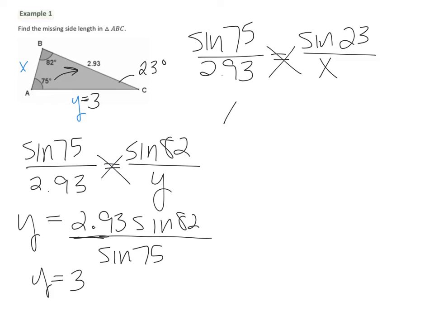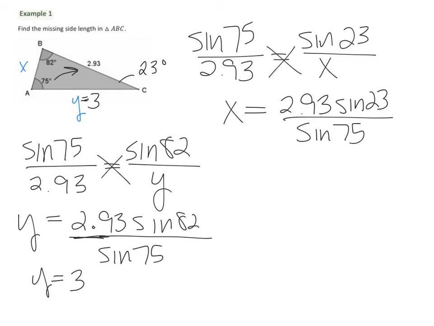Cross multiply, I can do x equals 2.93 sine 23 over sine 75. 2.93 sine 23 divided by sine 75, and I get x equals 1.19, and I'd say approximately 1.2.